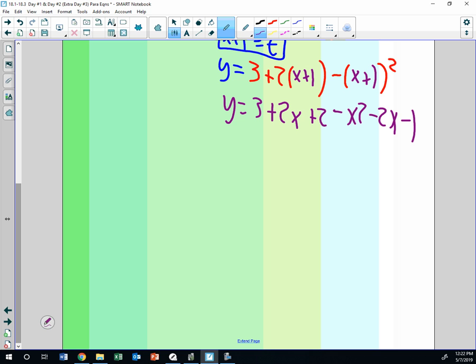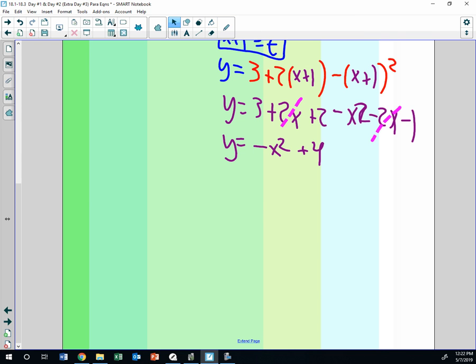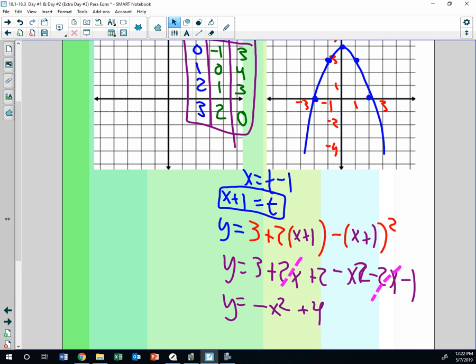Putting all those together, this will be negative x squared, lose the 2 x's, and then we'll have 5 minus 1 is 4. Show me with your arms x squared. Everybody x squared. Negative x squared plus 4. Does it look like this? Right? It works. Math works. Surprise of all surprises.